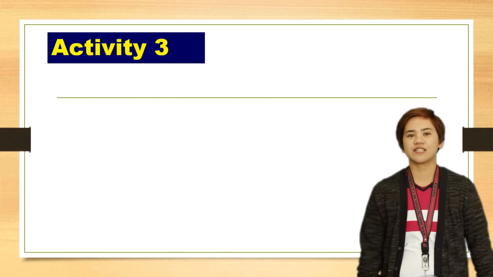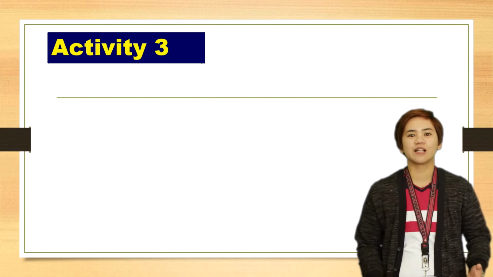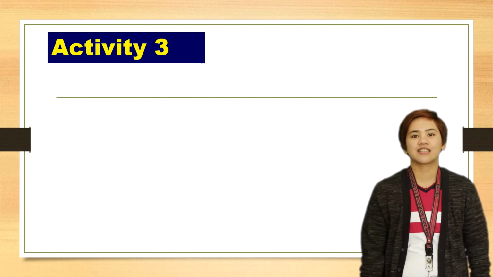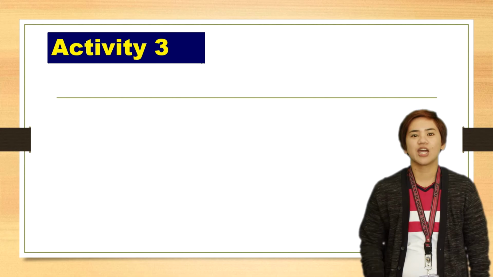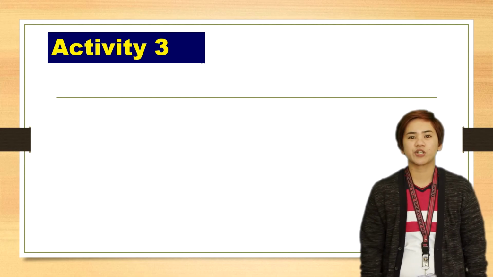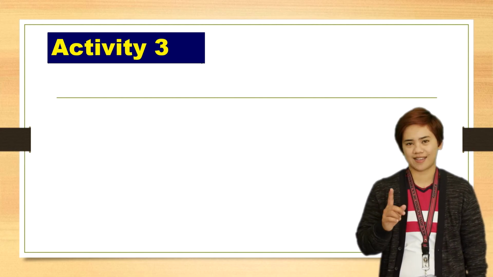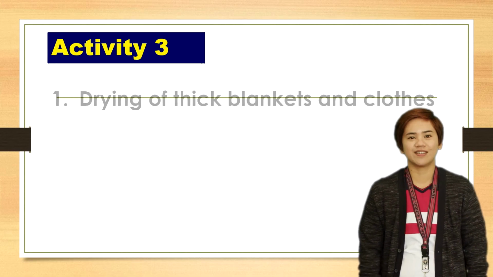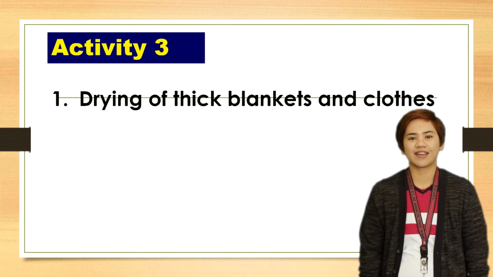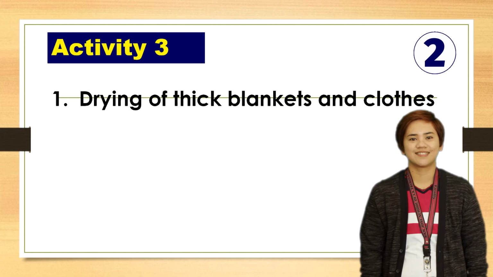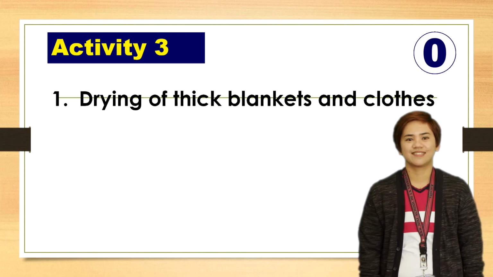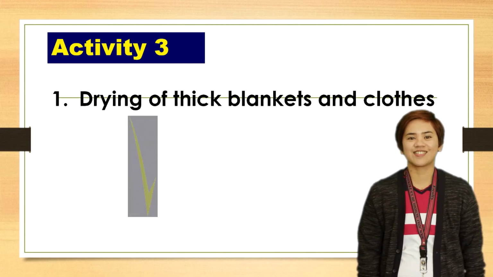For the third activity, you are going to complete the table by checking the activities that can be done during a sunny day and mark those activities which could be done on rainy days with X. Number 1. Drying of thick blankets and clothes. Great! The answer is correct.